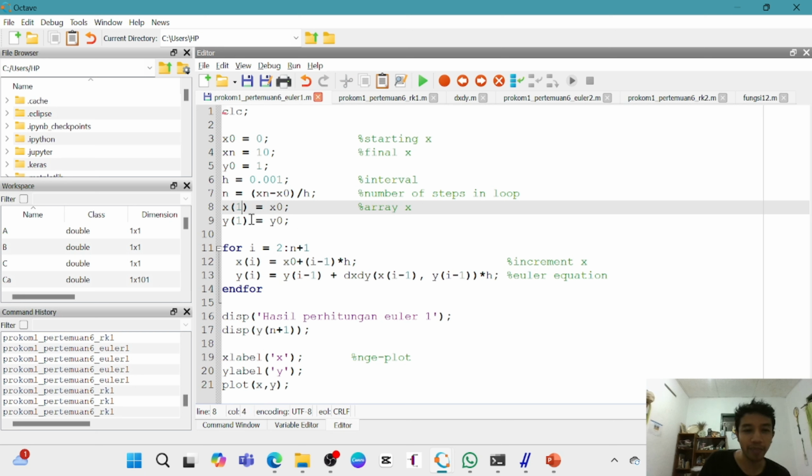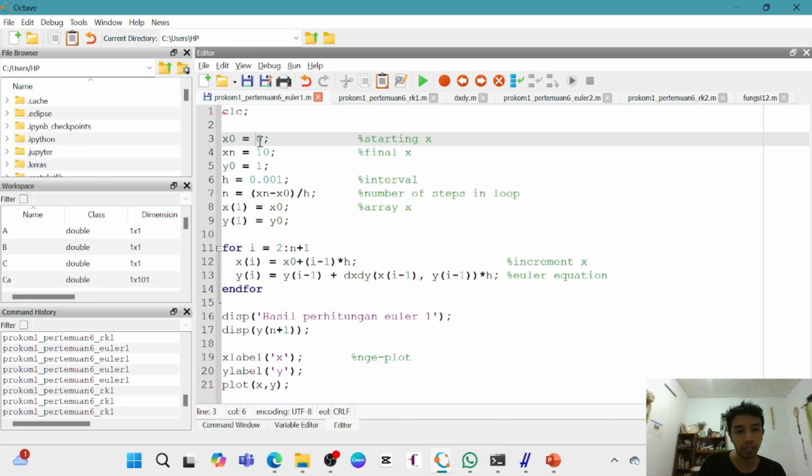This is the number one, meaning this is the starting x, which we define with x0. Then this is the starting y, which we define with y0, right?